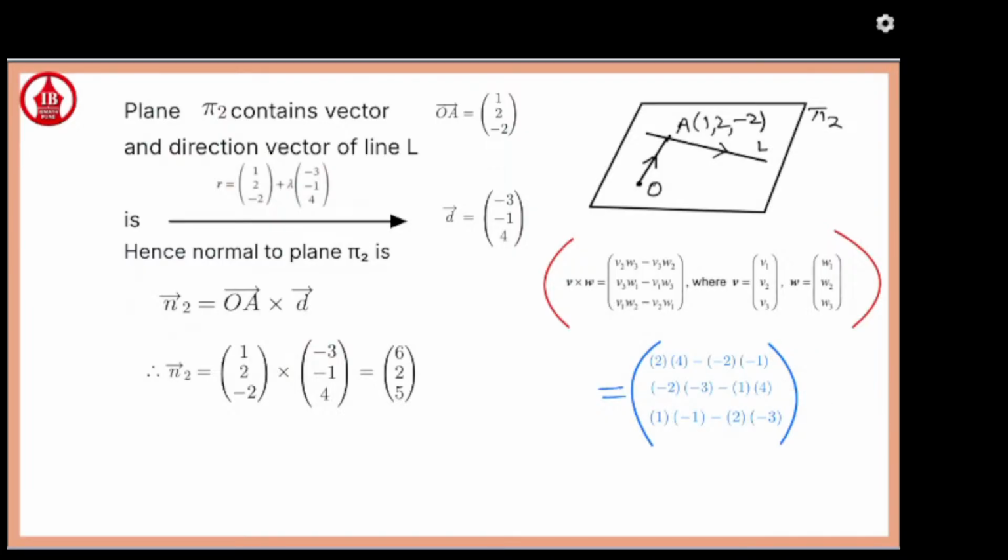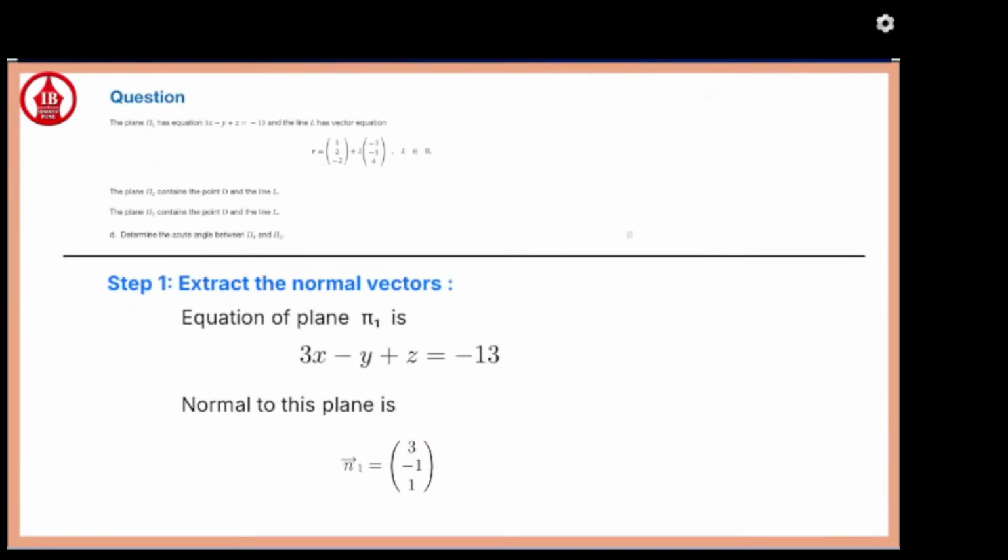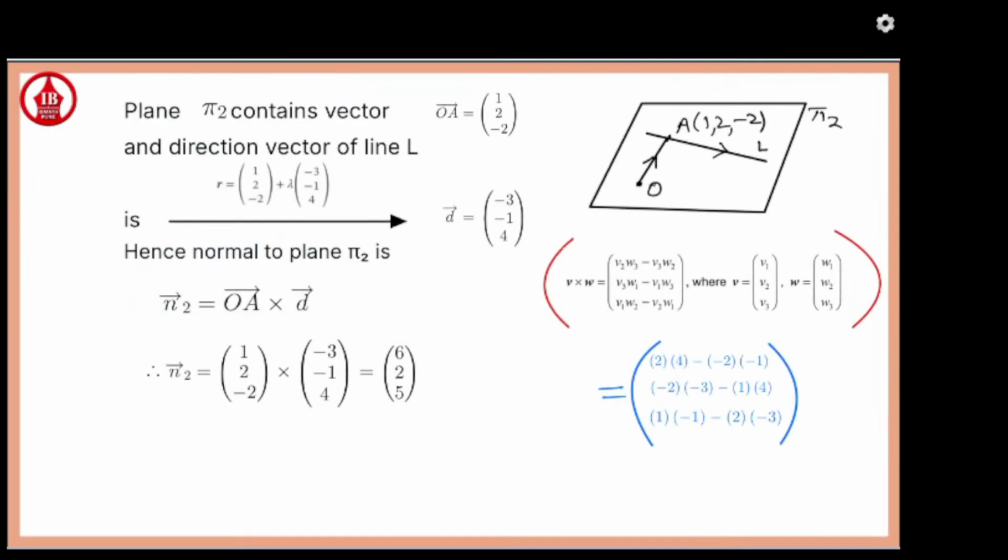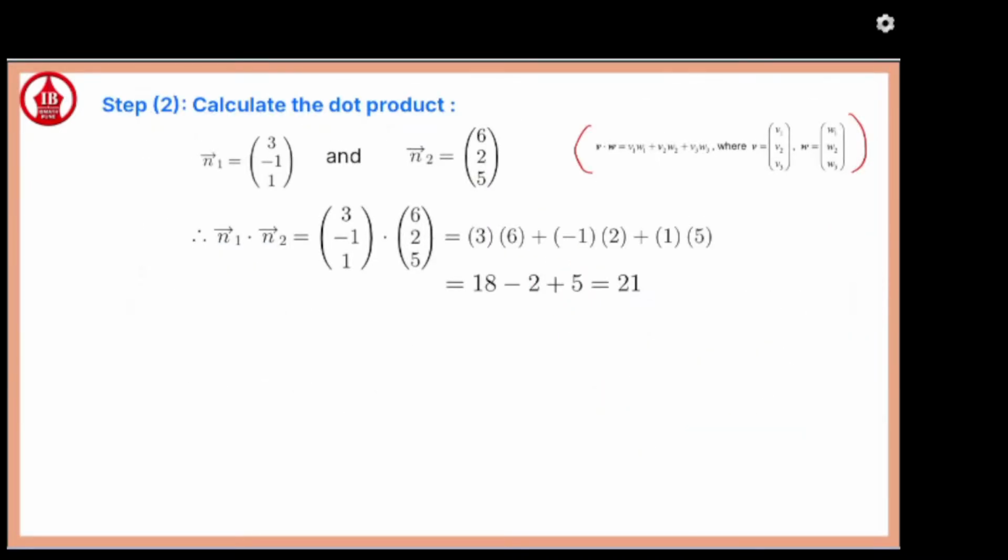So now we have the normal vectors to both the planes. Pi 1 has normal vector n1, (3, -1, 1). Pi 2 has normal vector n2, (6, -2, 5). Now we have the second step. We found the normal vectors, now calculate the dot product of those normal vectors.